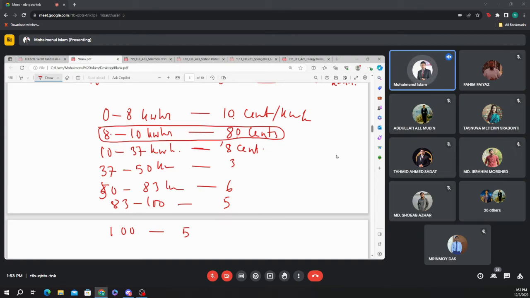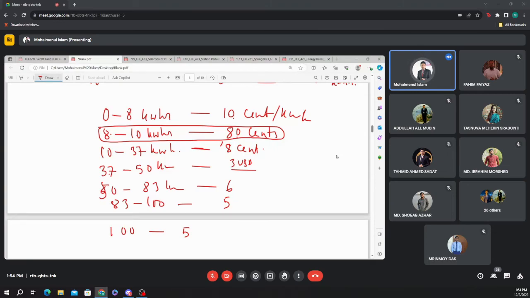For 10 to 37, it is 88 cents. So 10 to 37, the rate 8 cents. 37 to 50, the rate is total $3, 3 USD, but 3 BDT, whatever we can say. If it is Paisa, it is BDT. Because 8 into 37, if you multiply it, the rate is 3. So for 37 to 50, you need to pay a constant rate. That is our $3.